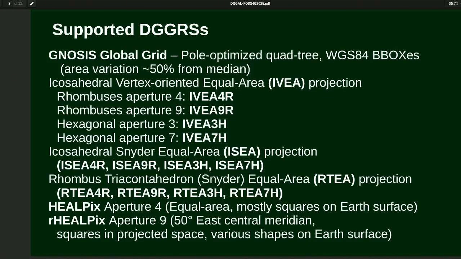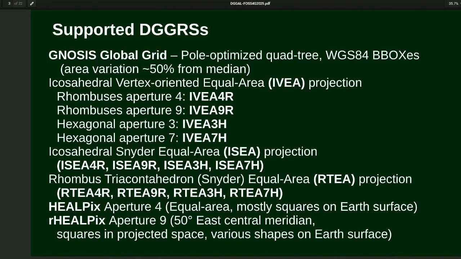All of the zones at a particular latitude band have exactly the same area. It's also quite simple to compute the exact geodetic area on the ellipsoid, because the boundaries are two small circles, two parallels. So that's one grid we support, the simple one. The code is actually very, very simple.